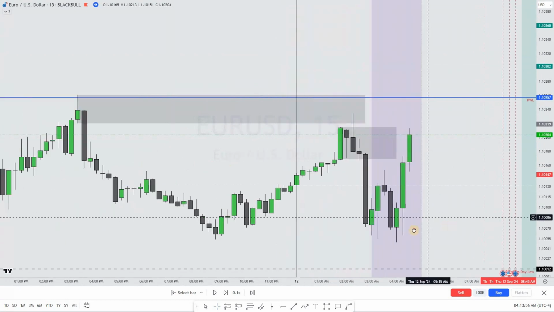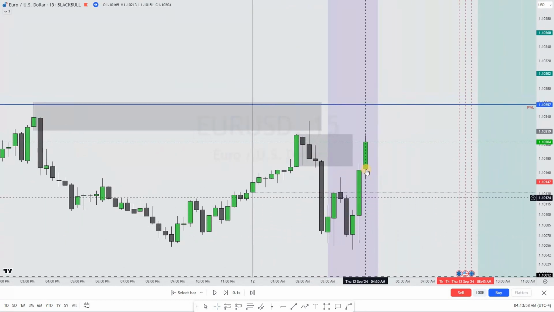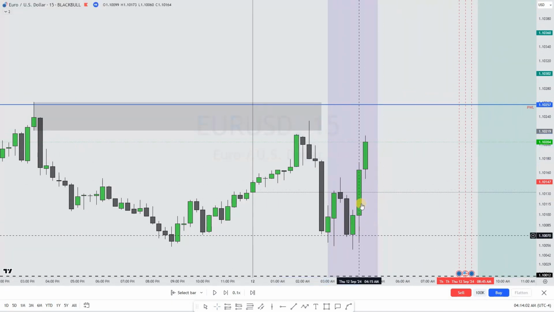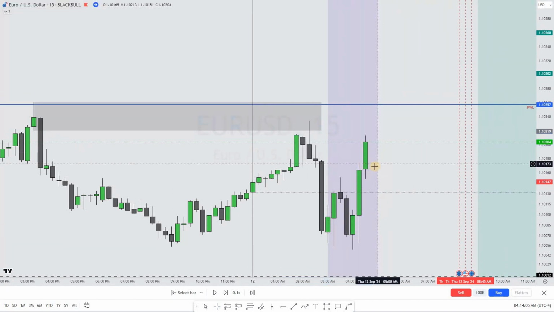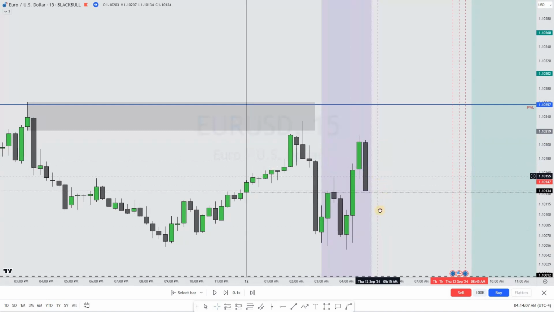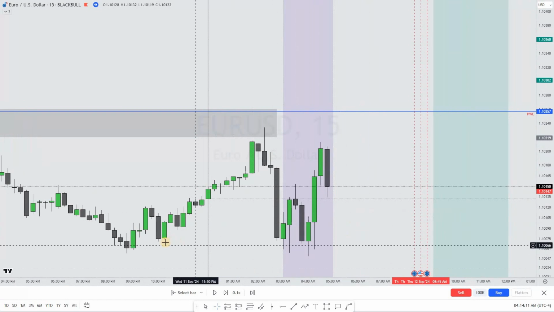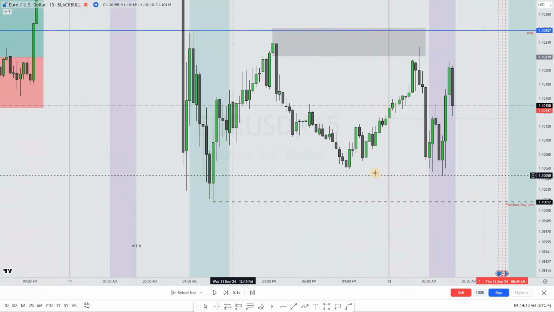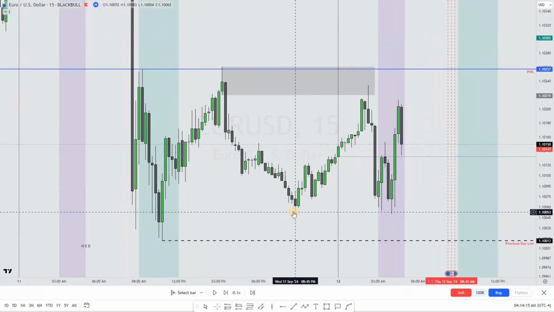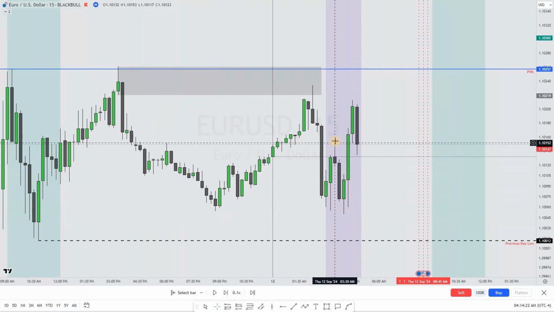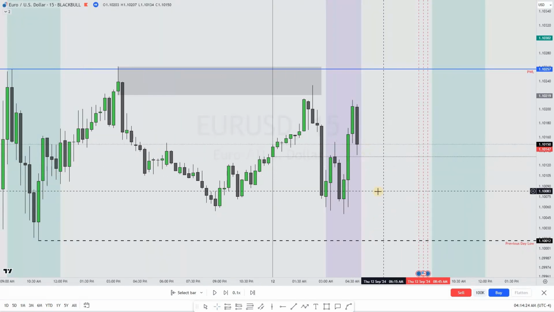After closing it, we started seeing this move to the upside, and I was observing it. Then we took out, this was not a previous day low, but it was a swing point down here. We took out the swing low, and we made this market structure shift over here.